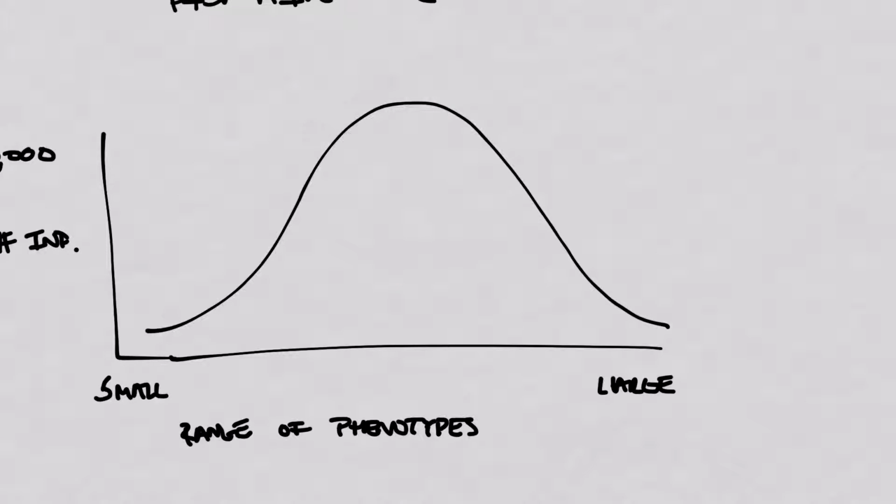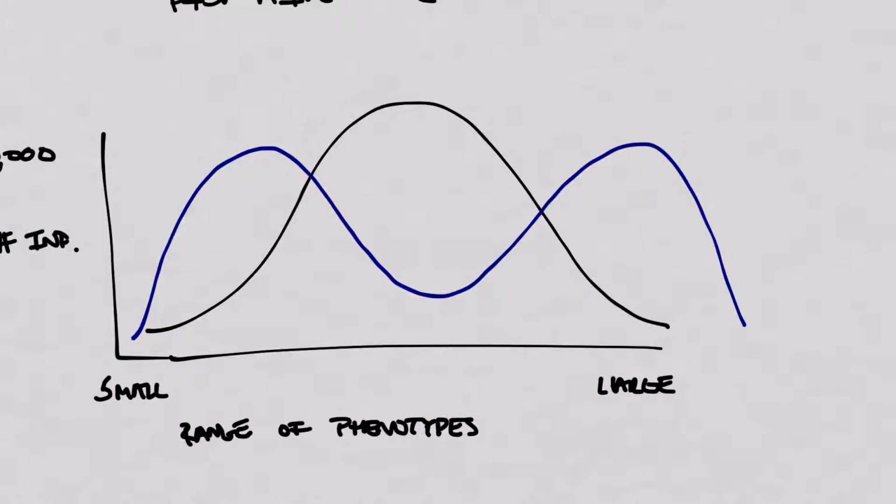So our curve starts to look something like this. We get a double humped or peaked curve. So now we have a bunch of individuals at time 2 that have the more small phenotype and a bunch of individuals with the larger phenotype, and all or most of the individuals with the intermediate phenotype are now gone.